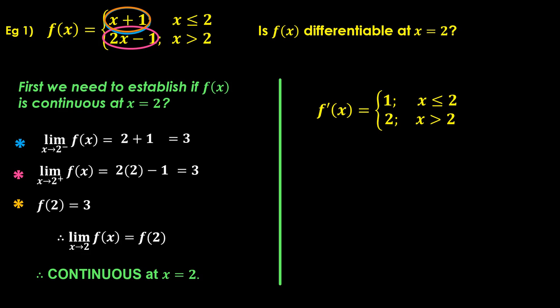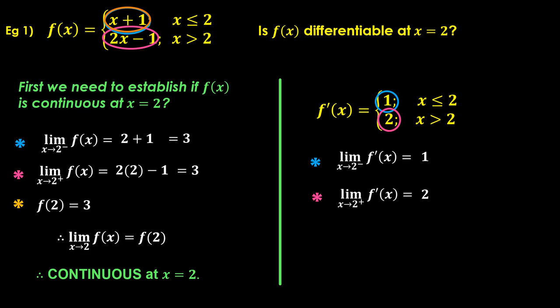So if we want to know the derivative as we approach 2 from the left-hand side, in other words, the limit as x approaches 2 of the derivative, well, there's nowhere to substitute that value of x, so it's just equal to 1. And the limit as we approach 2 from the positive side of the derivative of f of x is 2.